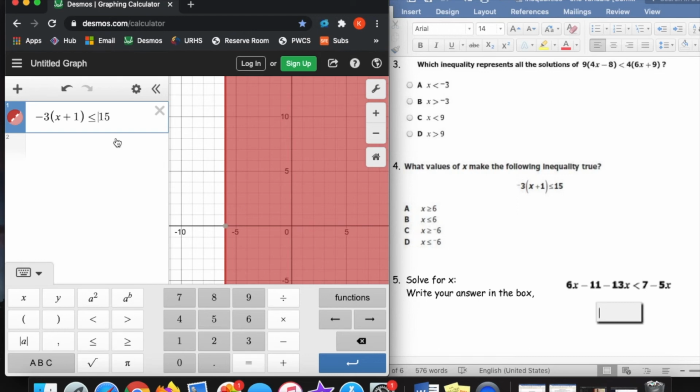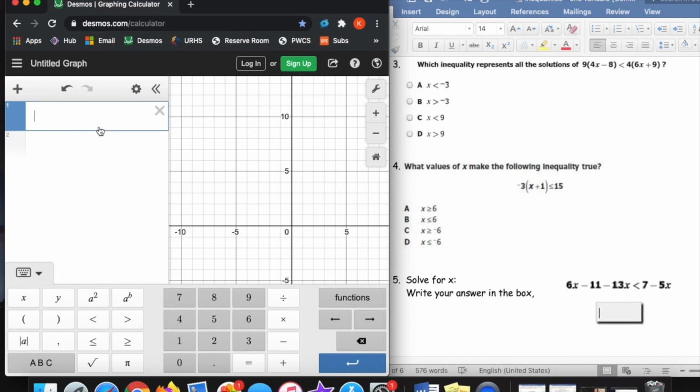A solid line is saying negative 6 is included as an answer here, right? It has an equal to. But if I got rid of that equals and just had less than, it's a dotted line. That would be the same as our open circle, saying negative 6 would not be included. So that is just an explanation of dotted versus solid.